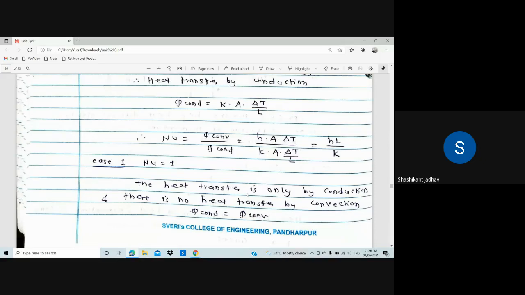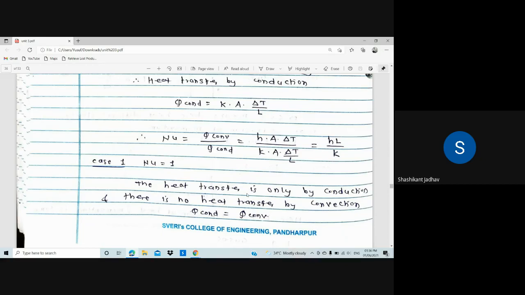So therefore Nusselt number is, as per the definition, Q convection divided by Q conduction, the rate of heat transfer by convection divided by the rate of heat transfer by conduction.